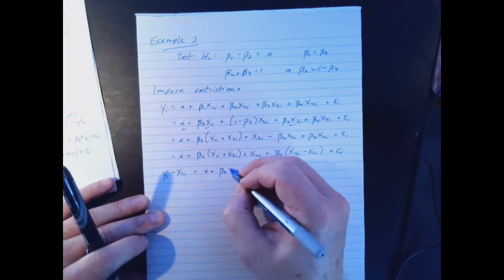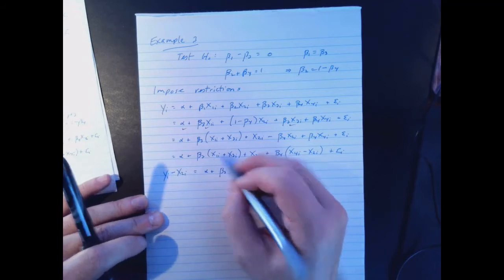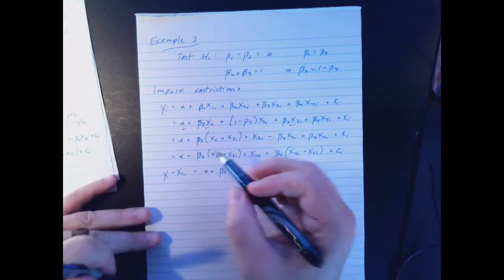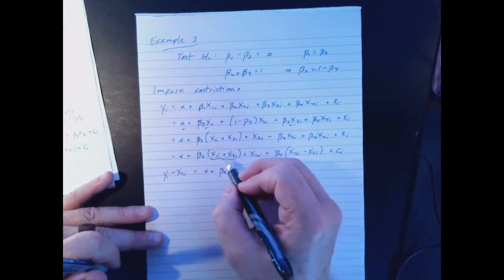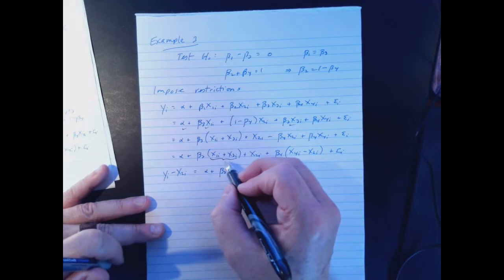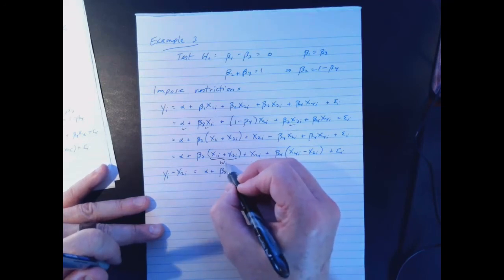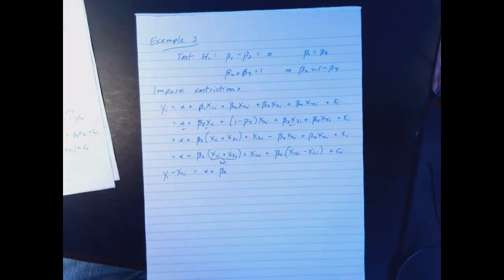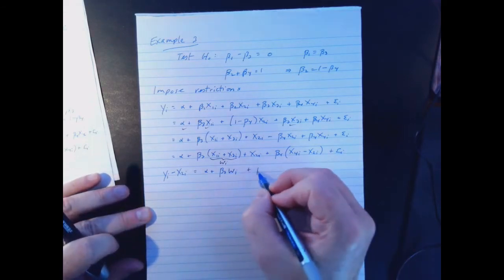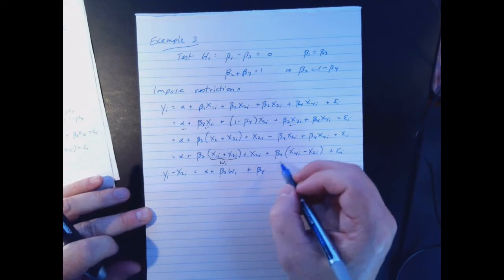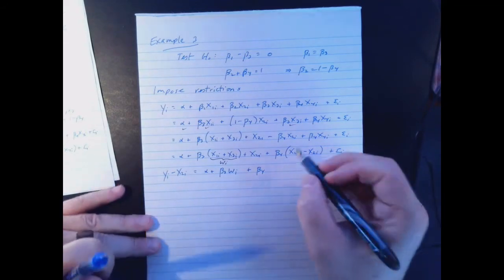And I'm going to substitute in a variable name here. So let me call that one W, plus beta 4, and just need to pick any old variable here.